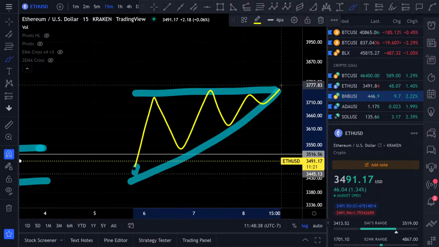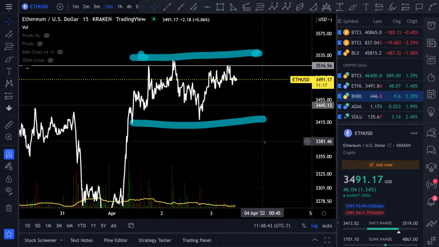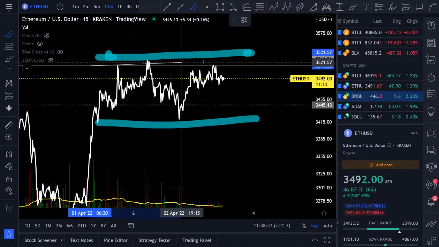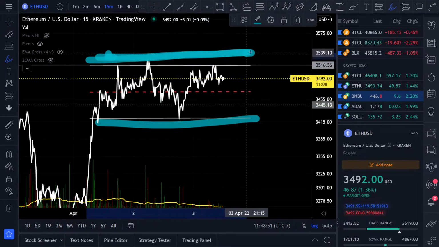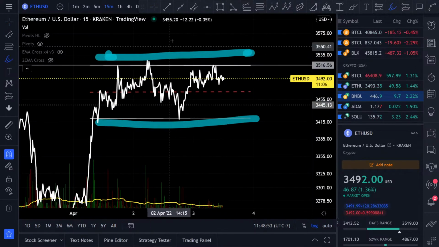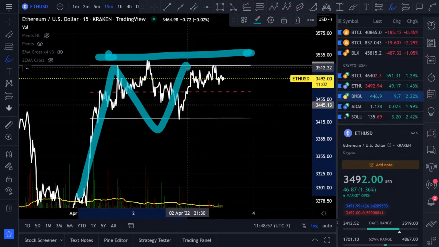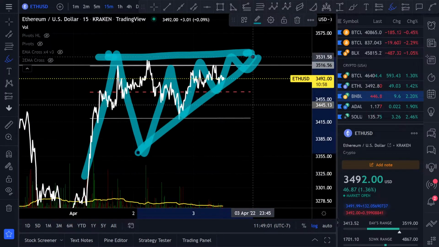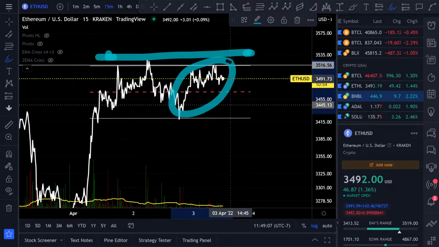If we're talking about the 15-minute, this is not really ascending. This is consolidation. You could draw a parallel channel here. For this to be ascending, this bottom blue side, the price needs to do this to be ascending. Then it's ascending.